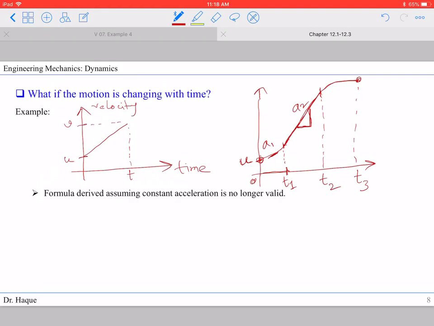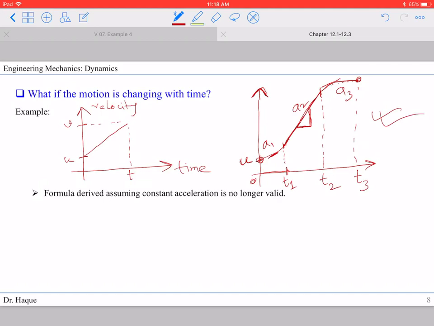So acceleration is not constant. Here, when I'm slowing down, my slope is different for each of the points. So I have another scenario, acceleration A3. So I cannot use the formulas that we just derived for constant acceleration.